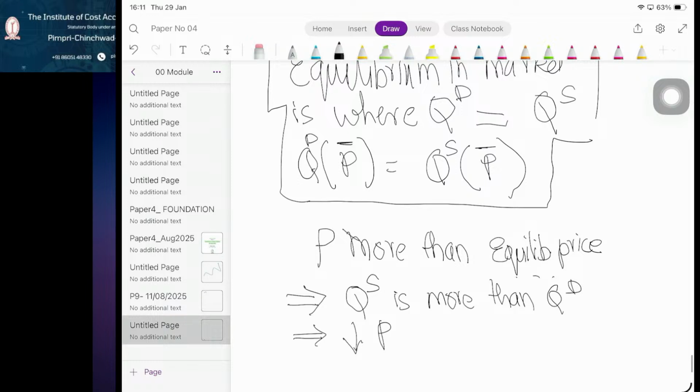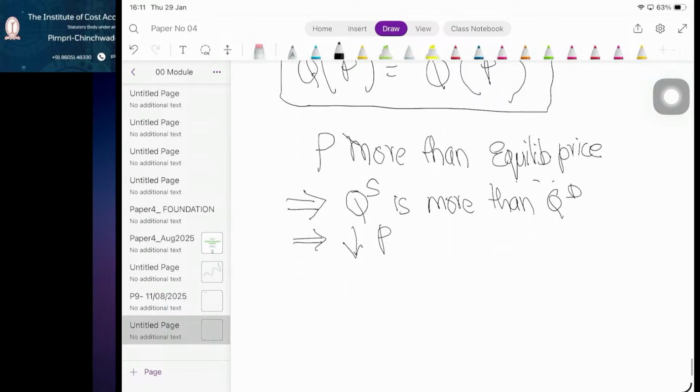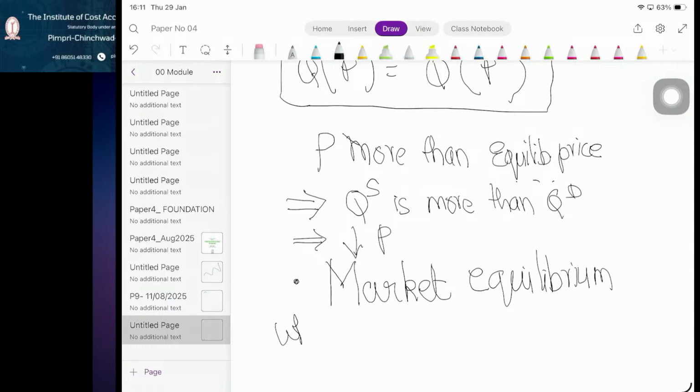Very good, thank you. So let's write down under what conditions you can get an equilibrium. Write this: market equilibrium where quantity demanded is equal to quantity supplied.